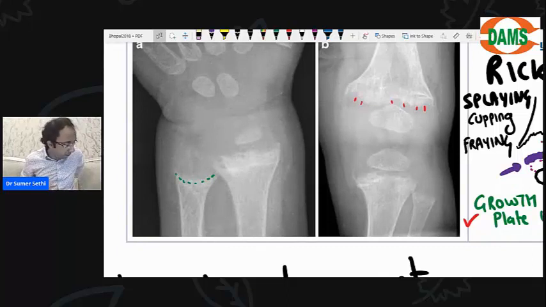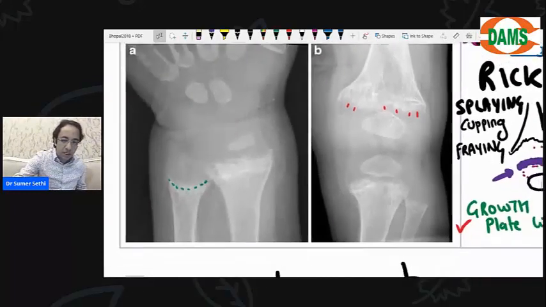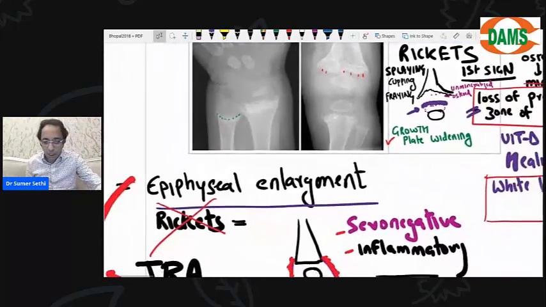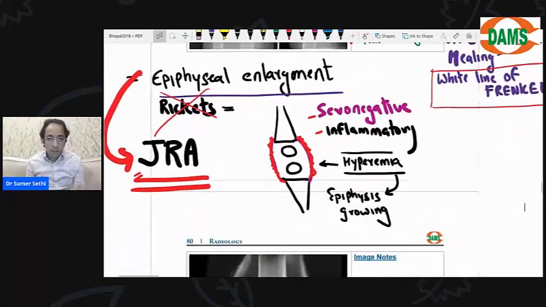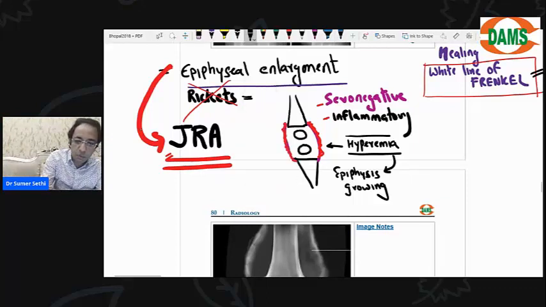Not only do you have growth plate widening, you also have cupping of the metaphysis, fraying of the metaphysis, and splaying of the metaphysis. This is what we saw. But then I confused you by saying that if they say epiphyseal enlargement, you will think of an inflammatory disease called juvenile rheumatoid arthritis. And this is where we were, and a lot of you then asked me to stop the class.